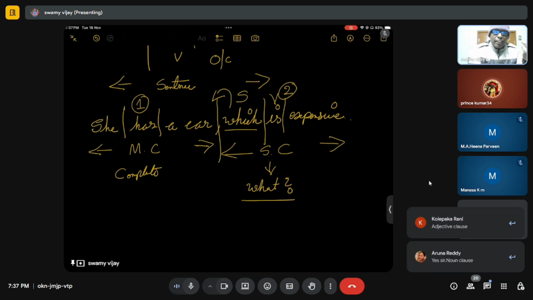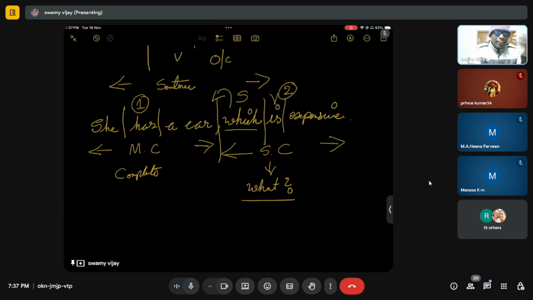So there are only three clauses. Prince, wait. Okay, so all three you tried. So all of you are having different options. So let us understand how to identify a clause, whether it is a noun clause, whether it is an adjective clause, whether it is an adverb clause.